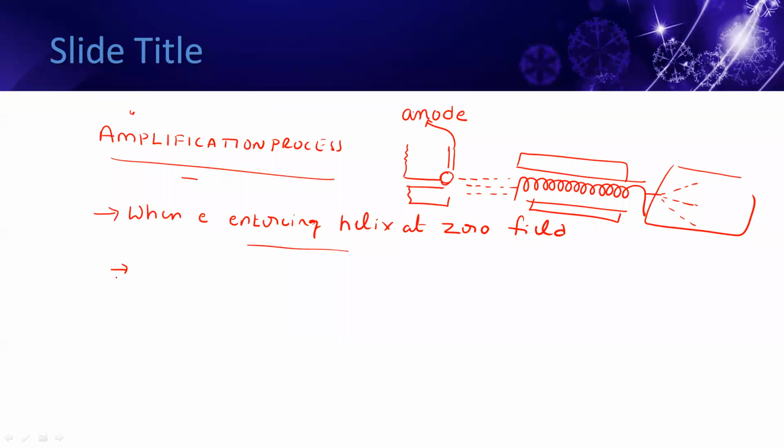So initially, when electrons enter this helix traveling wave tube at zero field, they are not affected by the signal wave.